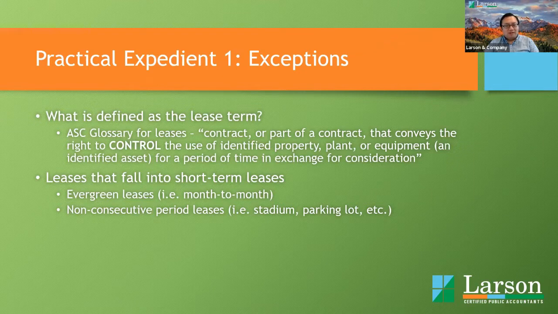So the explanation here is that if you have a non-consecutive period lease, such as a parking lot or stadium, and you calculate the actual control of when you can actually use that tangible asset, and it's less than 12 months or a year of 365 or 367 days, however you define that 12 months, then you can actually use this practical expedient, and therefore do not need to apply ASC 842 to those leases.